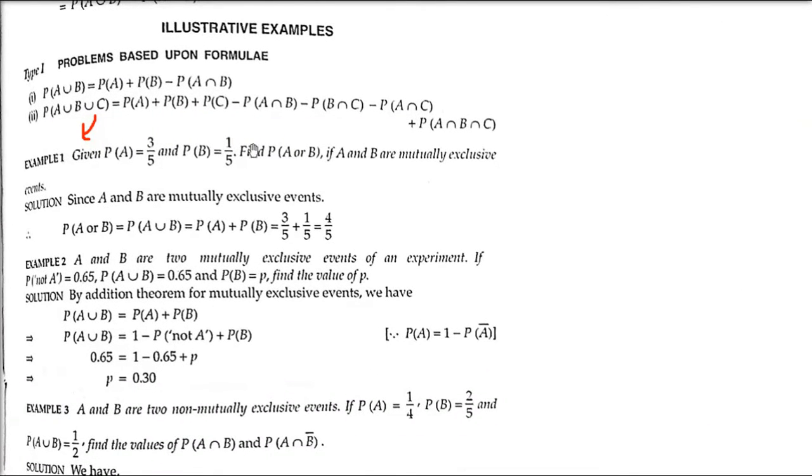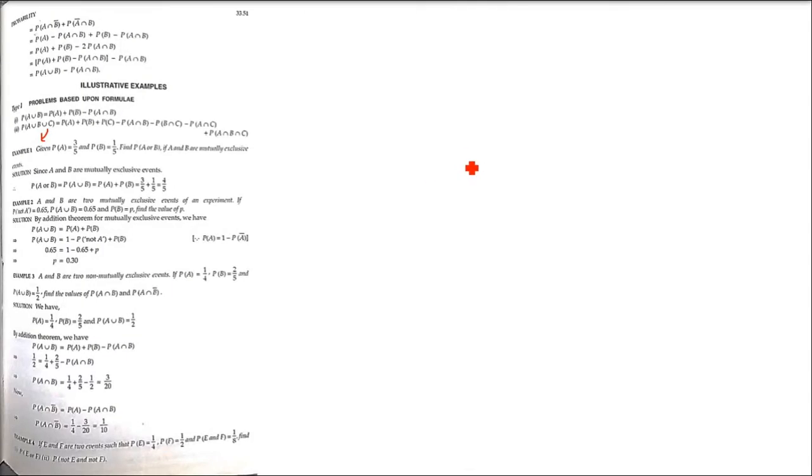The probability of A is 3 by 5. Probability of B is 1 by 5. Find P(A or B) if A and B are mutually exclusive events. A or B you have to find out. So P(A) is given as 3 by 5, P(B) is 1 by 5.